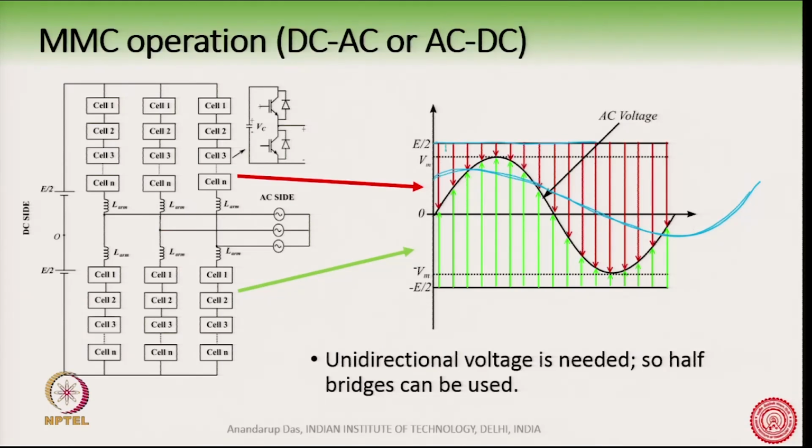So, the arrows will now be changing like this, and they can produce this voltage. The arrows must be bidirectional in nature, because sometimes the arrows will be positive and sometimes negative.